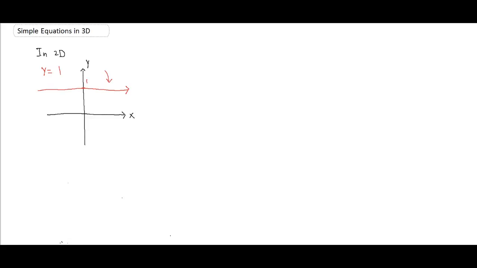So let's think about what's going to happen if we try to graph the same equation in three-dimensional space. Well, you know that in three-dimensional space, we are dealing with three variables.